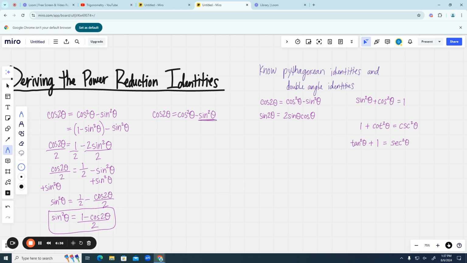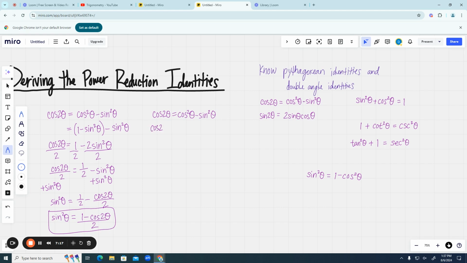For this sine squared theta, I can use this identity and say sine squared theta equals 1 minus cosine squared theta, just by subtracting this one over here. That gives us an expression for sine squared theta so that we can substitute it in here, and now we only have our problem in terms of cosine.